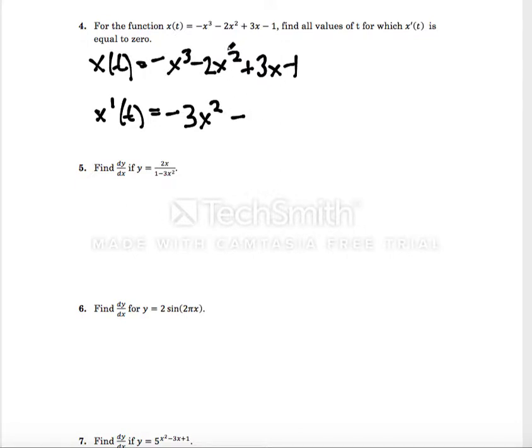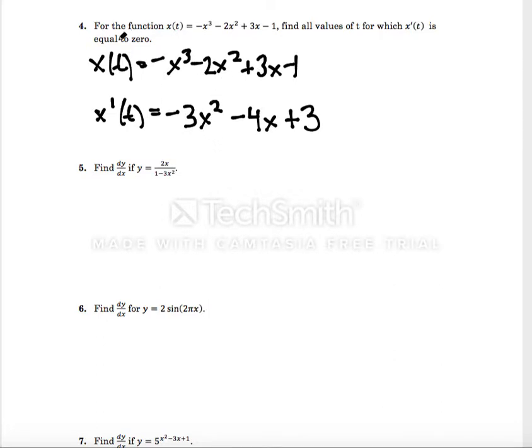For the second term, I'm bringing the 2 down. I'm going to multiply 2 by 2, which is 4, and reduce this 2 down to a power of 1. And for the third term, I have a power of 1, so this is 3. Now that power of 1 becomes a 0, so my x term vanishes. So here is my x prime of t function.